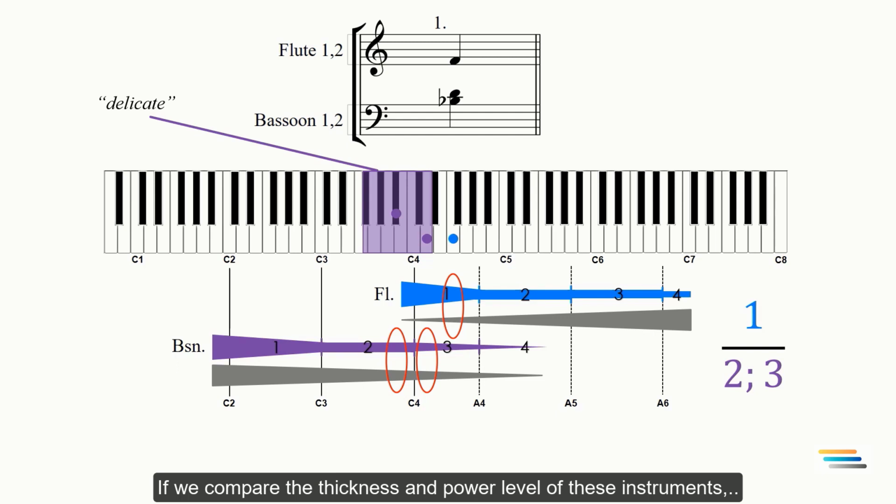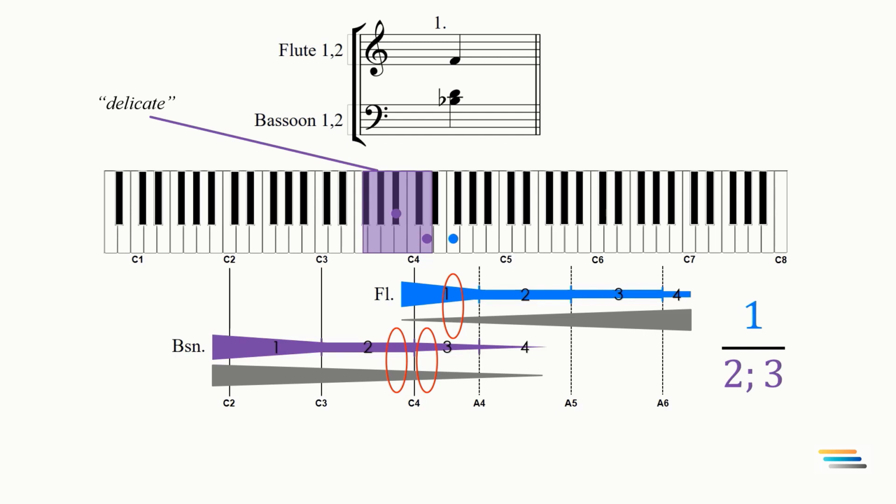If we compare the thickness and power level of these instruments, we can see that only the D note can be dominant due to its thin quality.